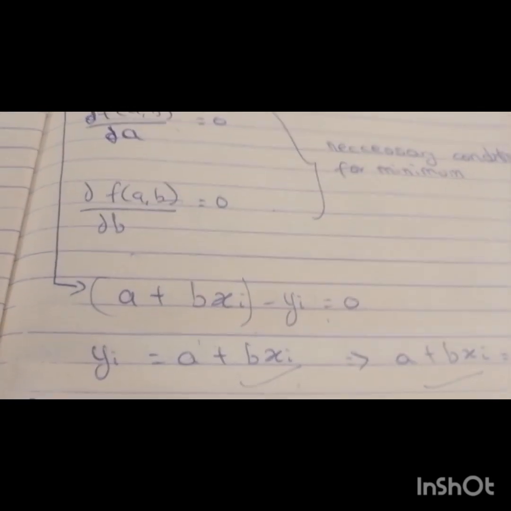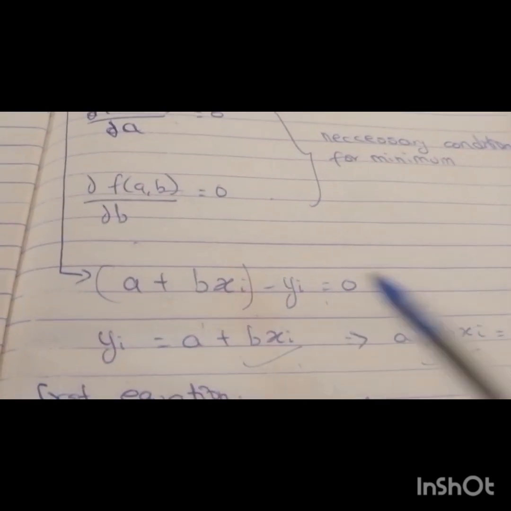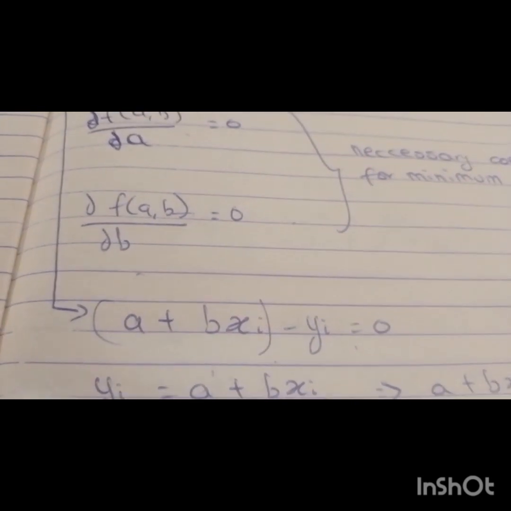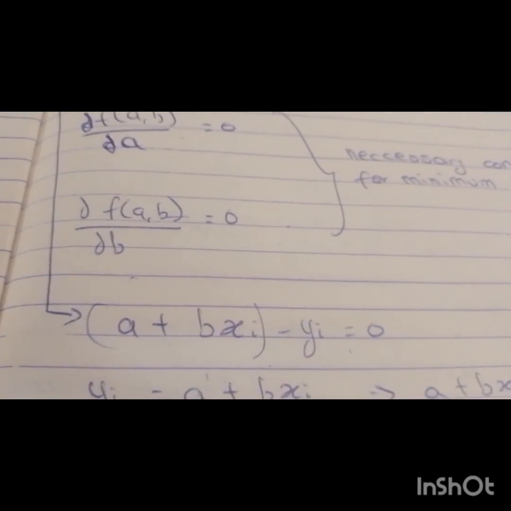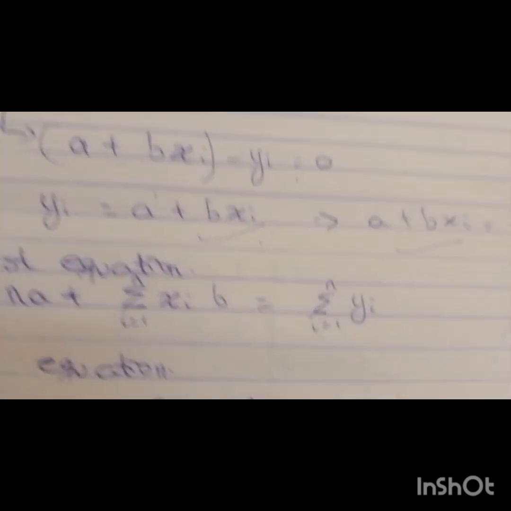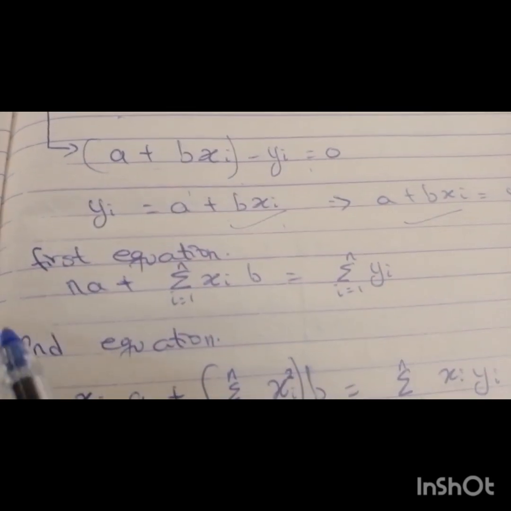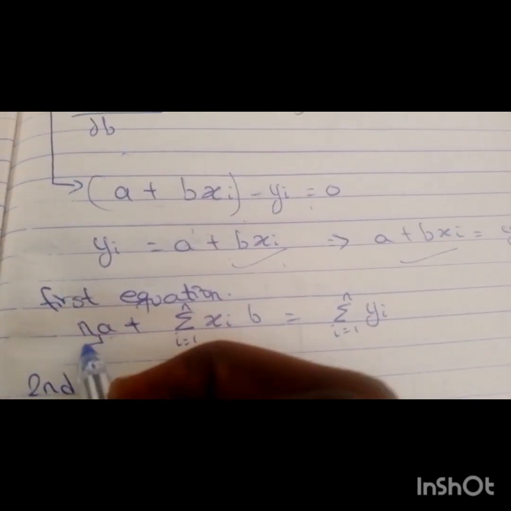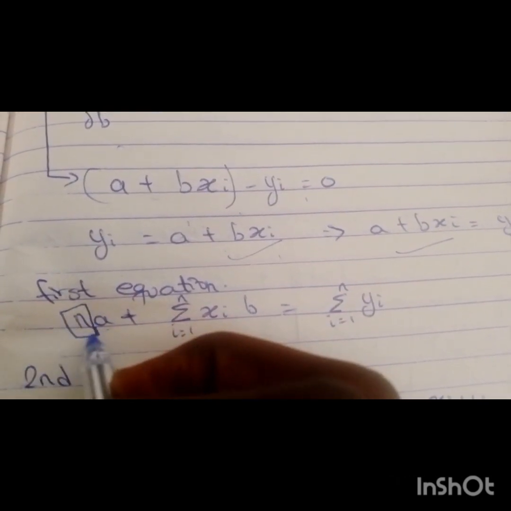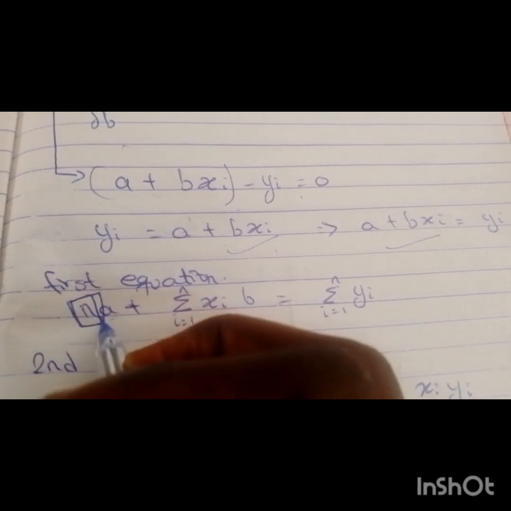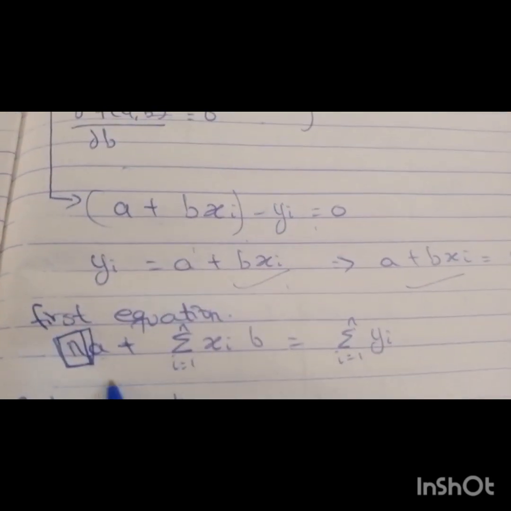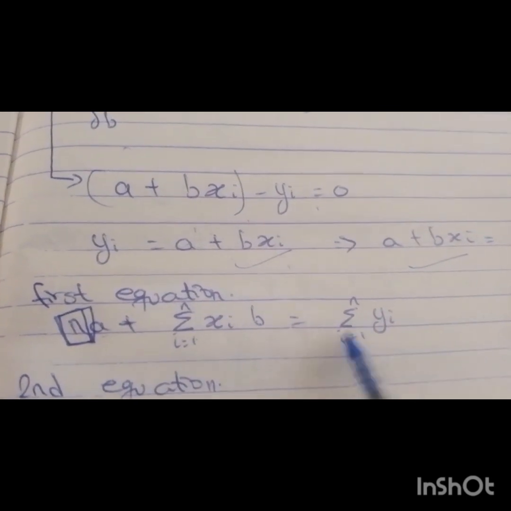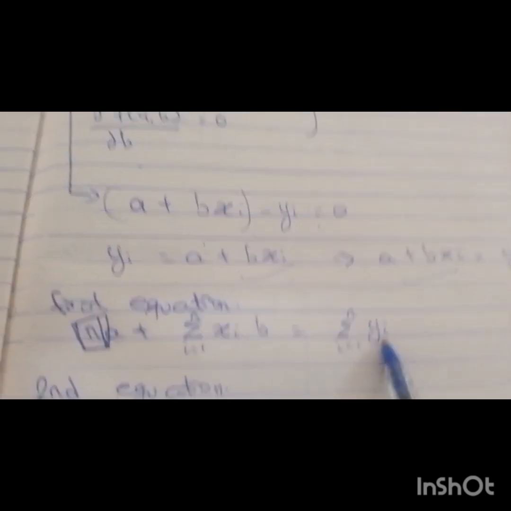Let me take you through how to derive the formulas. So you have this y equals a plus bx. For your first formula, let's just reproduce the question we have. Try and see it this way. The only thing you find different here is the n. So we have n times a plus summation of xi times b equals summation of yi.